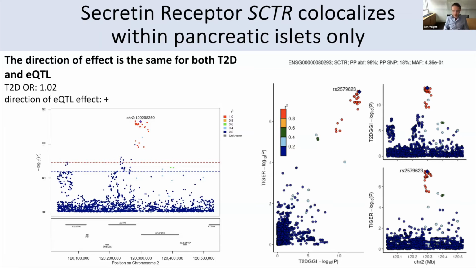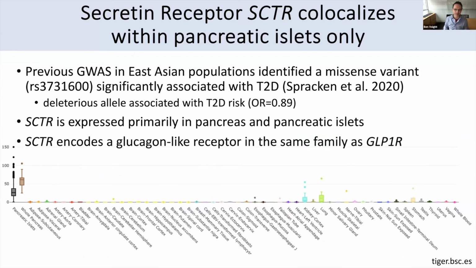Of course, like many genomics experiments, I haven't studied secretin receptor for my entire life. So like many blind genomicists stumbling into genomic discovery, we're like, well, what the heck does this do? Here are a couple of details about it in general. Secretin receptor is the receptor that binds secretin.